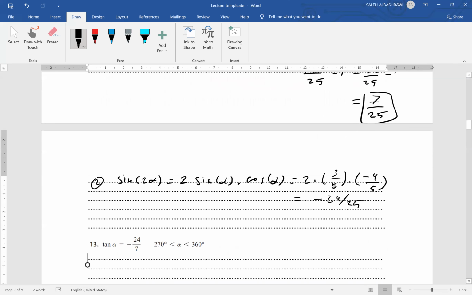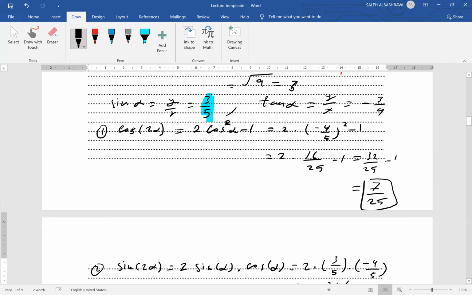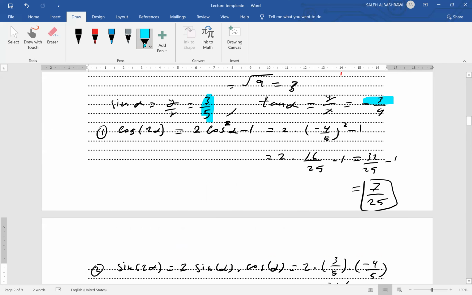For the third one, tangent 2 alpha, this is equal to 2 multiplied by tangent alpha divided by 1 minus tangent square alpha. Which is equal to 2 multiplied by tangent alpha, given by minus 3 over 4.